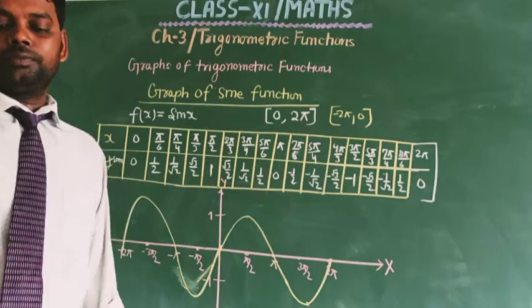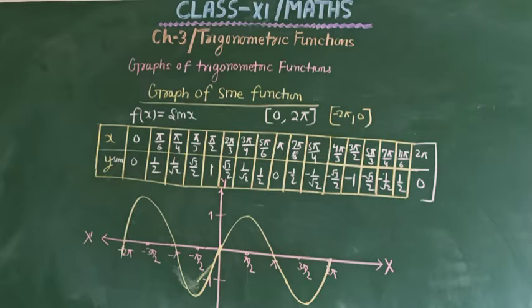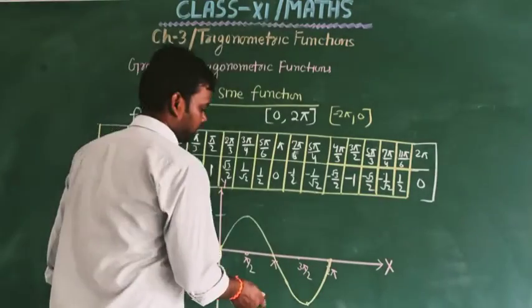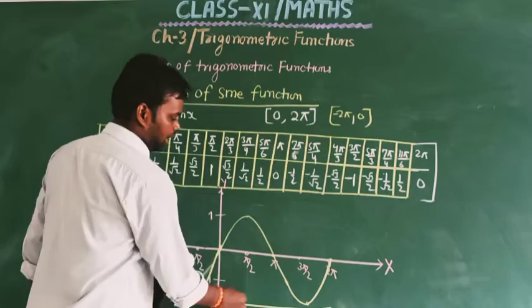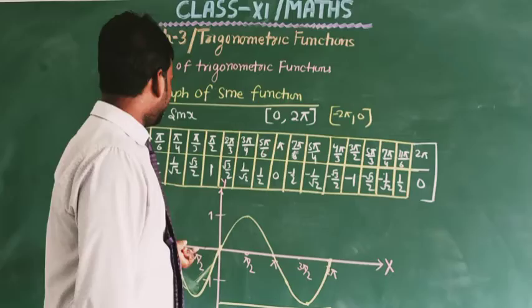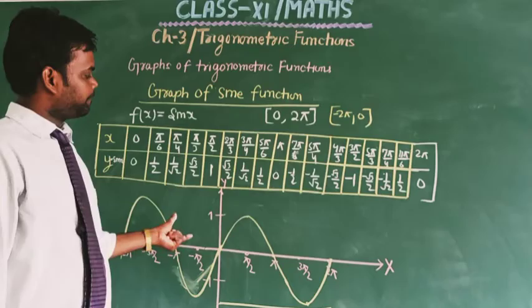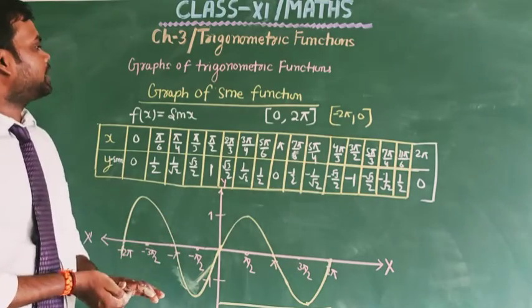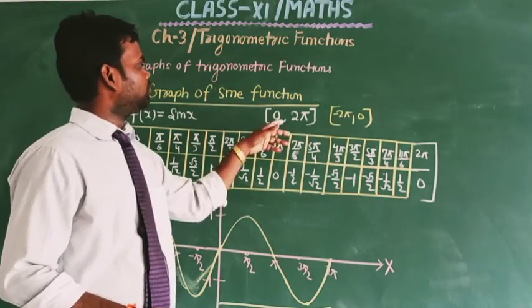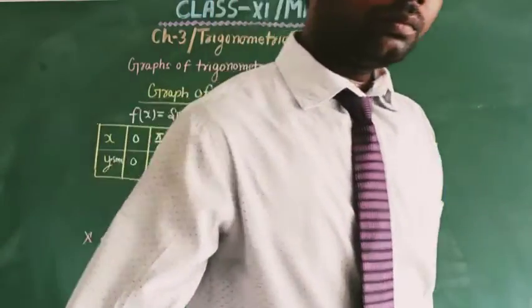Okay children, so this is the graph of f(x) equal to sin x, and its period we can see is also 2 pi. After 2 pi the graph will be the same, and on negative angles it is also the same. So this is the graph of the sine function in the interval 0 to 2 pi and minus 2 pi to 0.